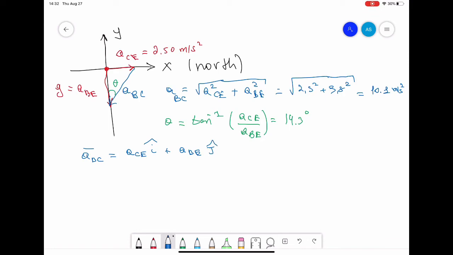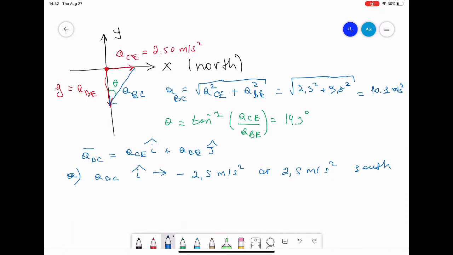So that means in part A, the acceleration of the bolt relative to the train car, in terms of the i vector, is equal to negative 2.5 meters per second squared. Or you can say that it's 2.5 meters per second squared, but it's moving to the south.